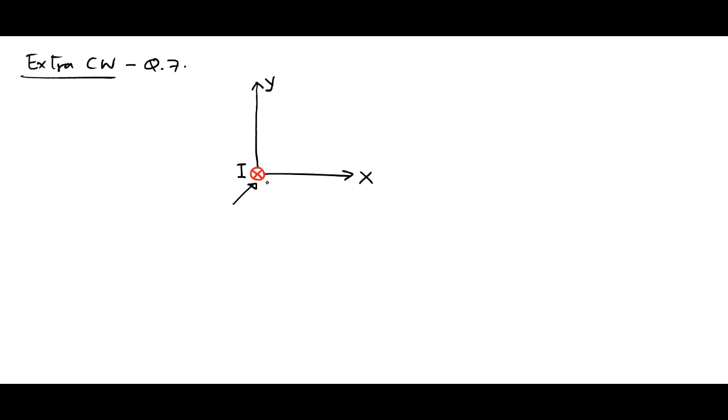Remember, by the right hand rule, the z-axis would come out of the computer screen. Now we want to find the magnetic field B bar because of this long straight wire at a point having coordinates x, y and 0.